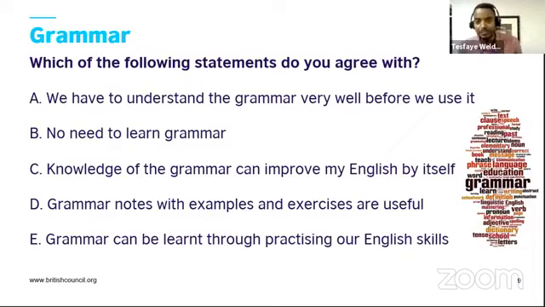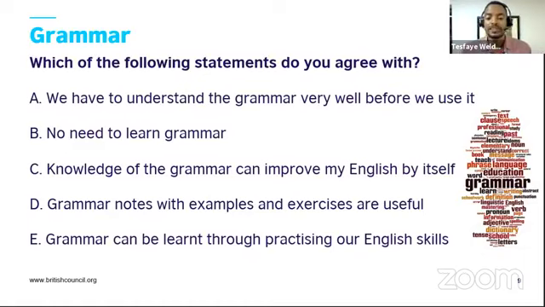Which of the following statements do you agree with? There are 5 statements indeed. Which ones do you agree with? We have to understand the grammar very well before we use it. Do you agree with that? No need to learn grammar? There's no need.